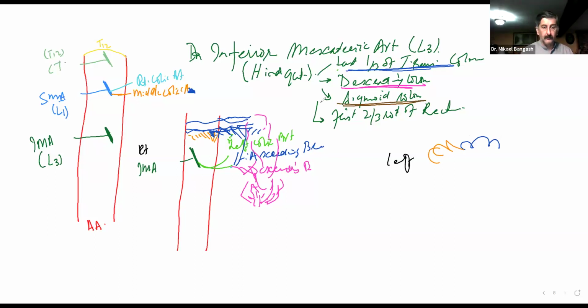What are we left with? The sigmoid colon. Okay. So of your inferior mesenteric artery there is going to be, straightforward, a branch called the sigmoidal artery.